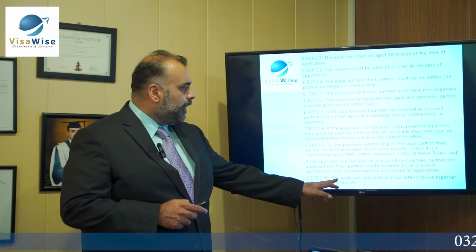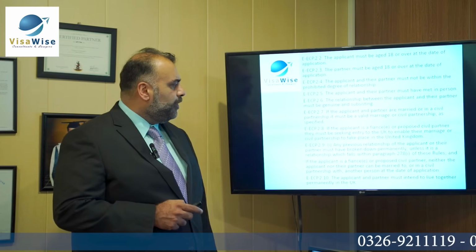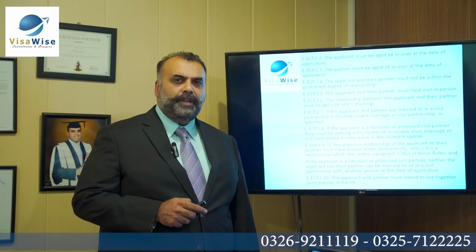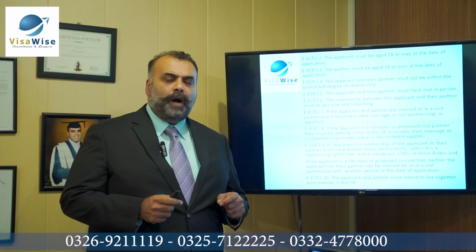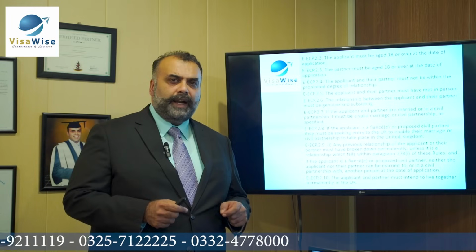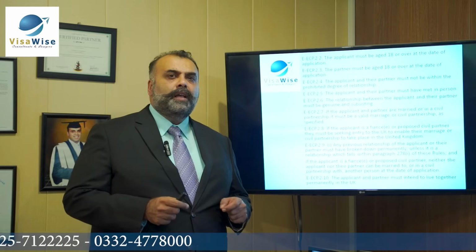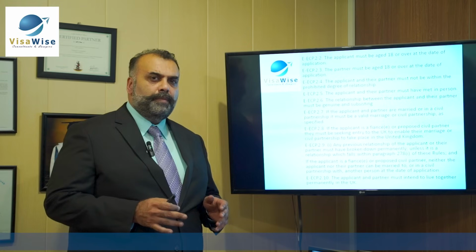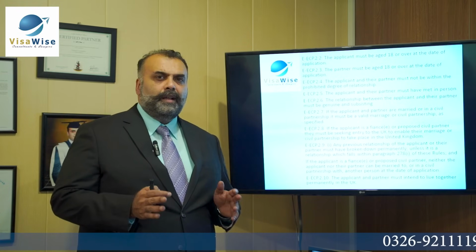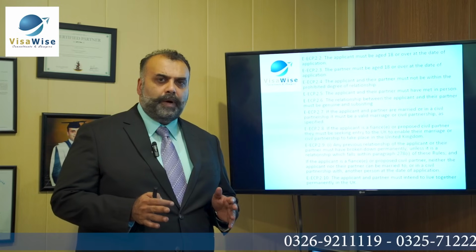The applicant and partner must intend to live together permanently in the UK. So you need to establish that you are permanently deciding that you will be residing with your sponsor in the UK on the basis of your permanent residence, and your intentions are paramount in this.